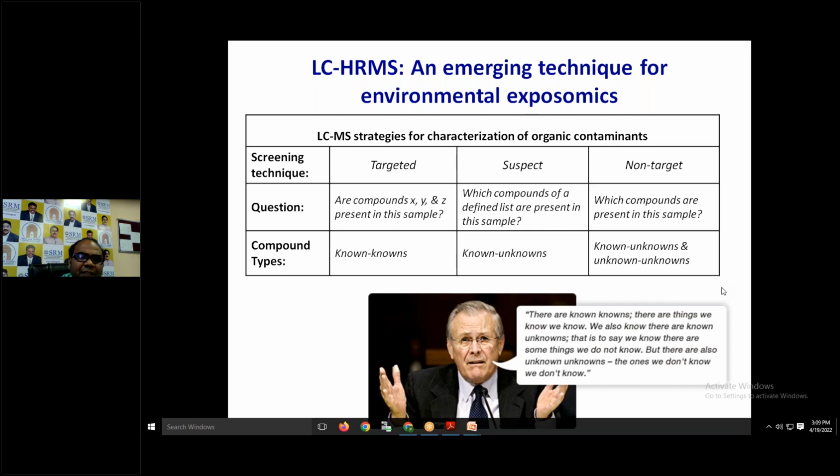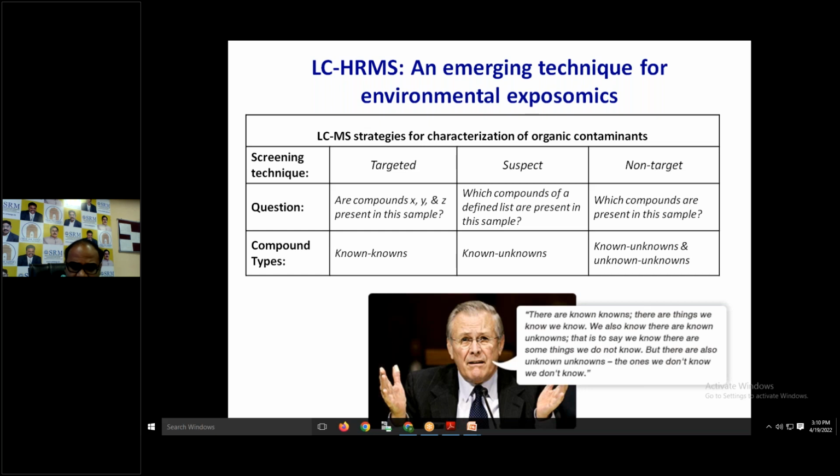And you can see one statement here: there are known knowns. There are things we know that are present.